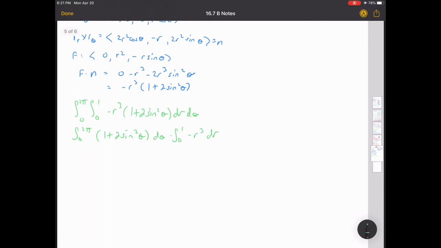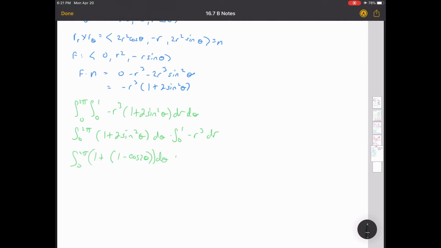All right, so we've got 1 plus 2 sine squared of theta. Not something that I necessarily expect everybody to remember here, but we can go ahead and reduce this to 1 plus, now remember the reduction formula for sine squared is 1/2, so that's going to make the 2 go away, of 1 minus cosine of 2 theta d theta.